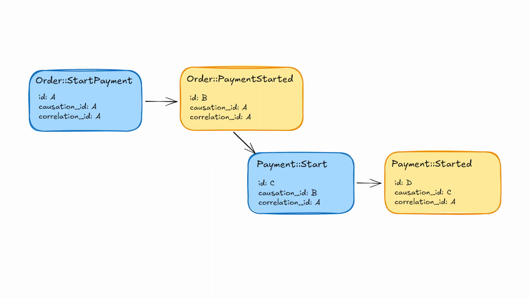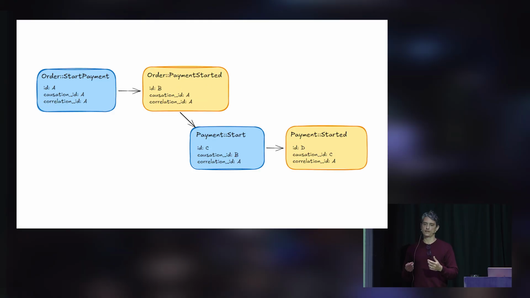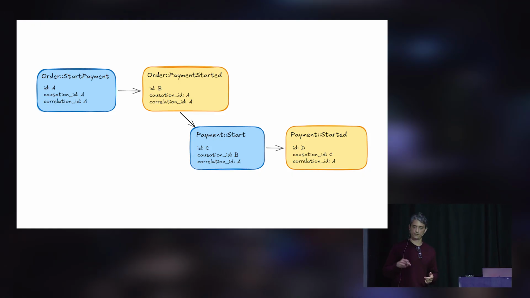So my implementation, basically for every command and event that you send and handle, will track the event causation and correlation for you. What's the causation? The causation is basically the first command caused the first event in the order stream, which then caused the first command in the payment stream, which caused the first event in the payment stream, right?